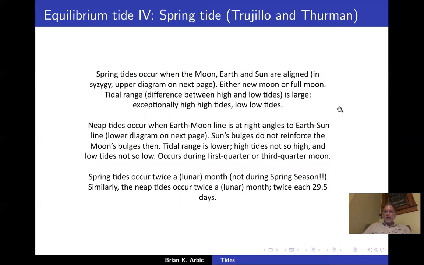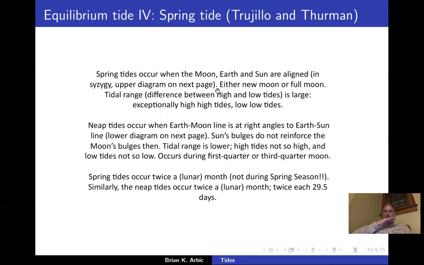So now, again, we can talk about some words, and then I have a picture. So we can think about what happens when the Earth, Moon, and Sun are in a line versus when they're not in a line. So spring tides occur when the Moon, Earth, and Sun are aligned. They're in what's called syzygy. That's a special word that means the Moon, Earth, Sun are in a line.